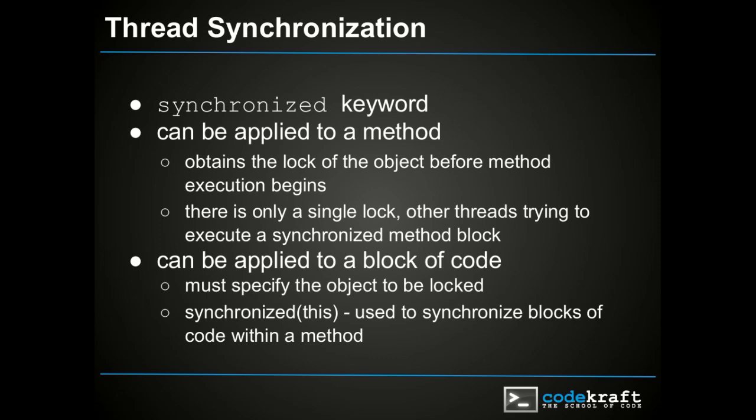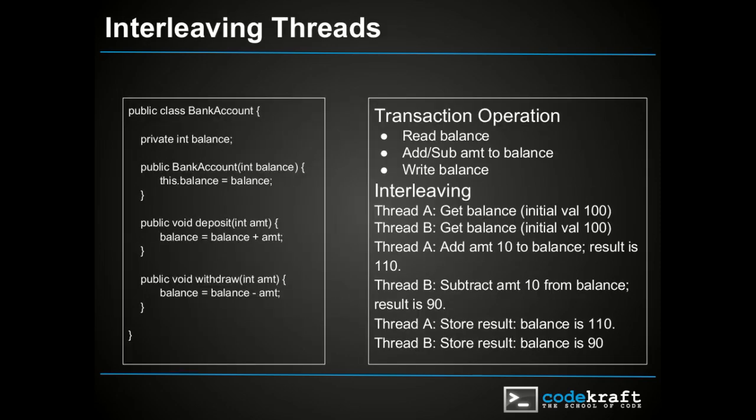The synchronized keyword can typically be applied to a method. Let's say we consider the example that we had earlier, that of the bank account. I could have added the keyword synchronized right here, public synchronized void deposit, and the same thing I could have done with withdraw.